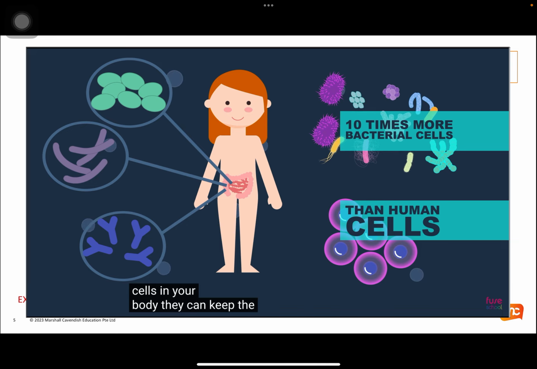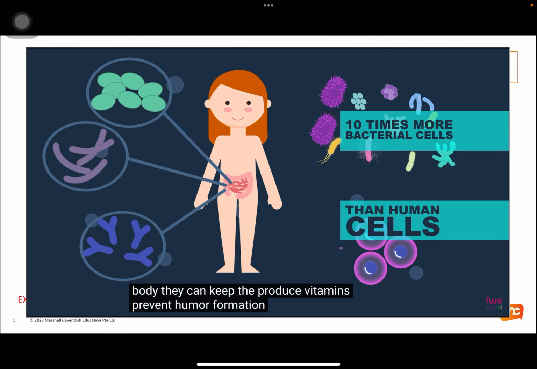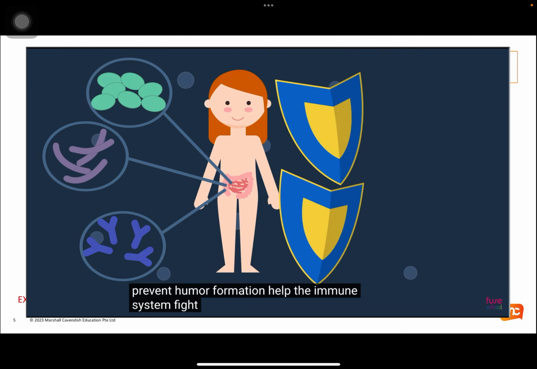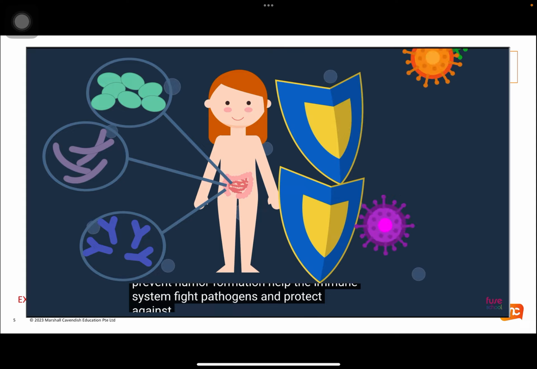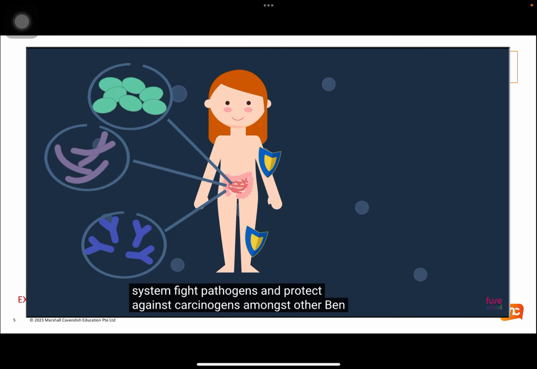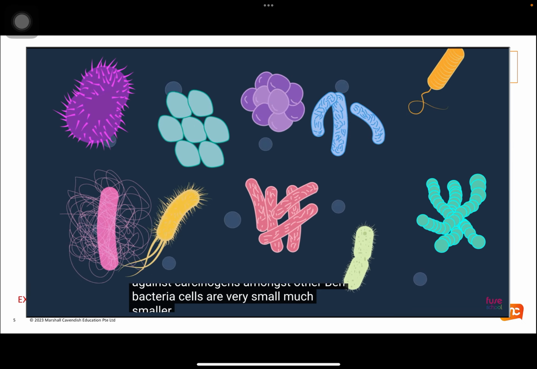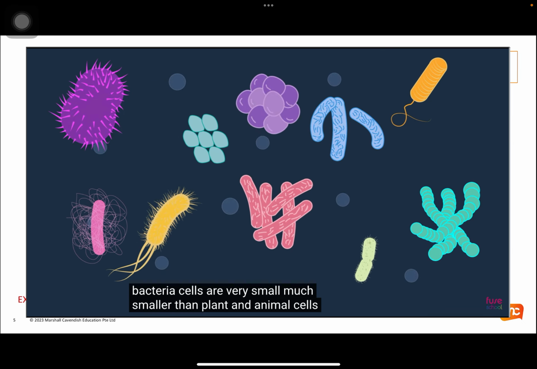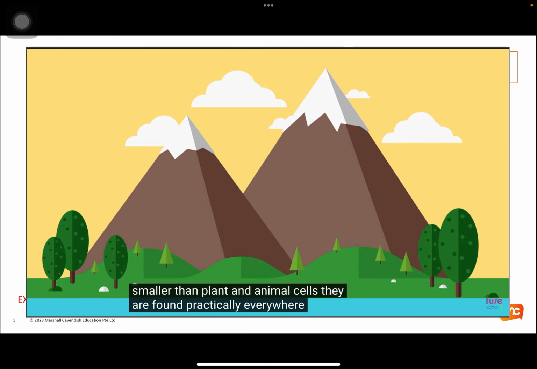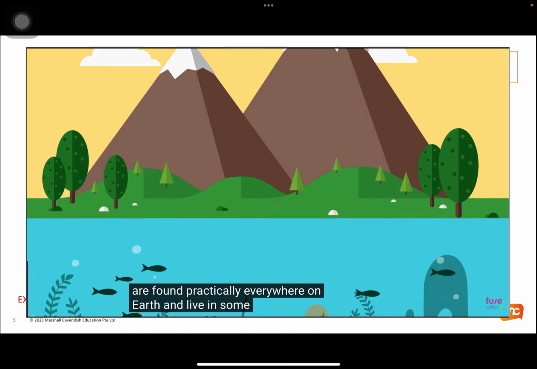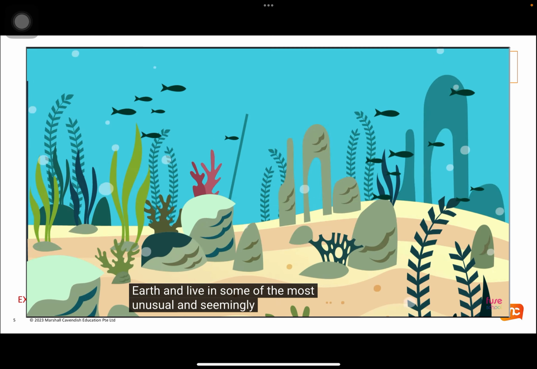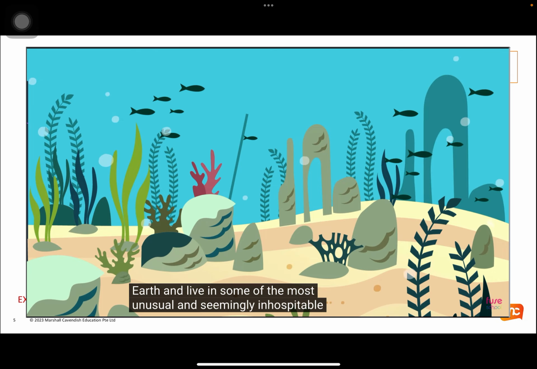They can produce vitamins, prevent tumor formation, help the immune system fight pathogens, and protect against carcinogens, amongst other benefits. Bacterial cells are very small, much smaller than plant and animal cells. They are found practically everywhere on Earth and live in some of the most unusual and seemingly inhospitable places.